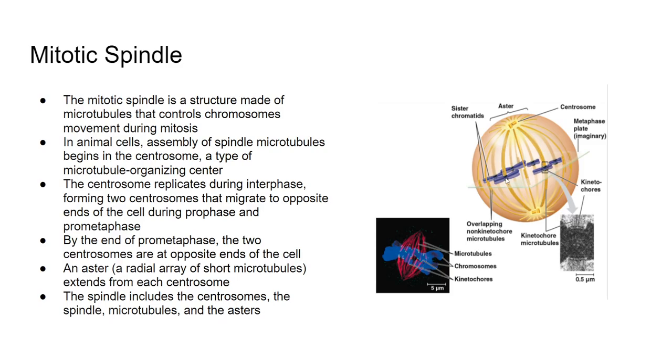But on top of the centromere is this protein structure referred to as a kinetochore, and that is where the microtubules attach. The microtubules attach to the kinetochore, which is resting on top of the centromere on each specific sister chromatid.